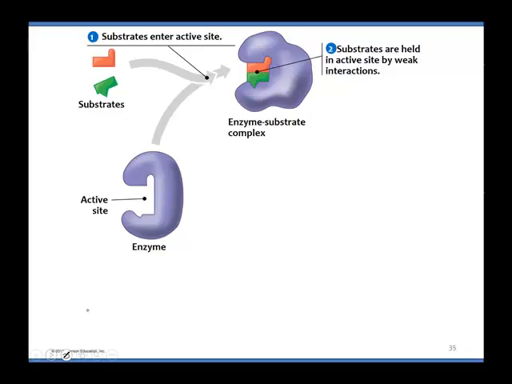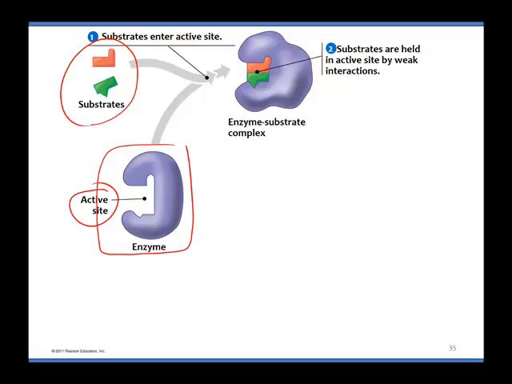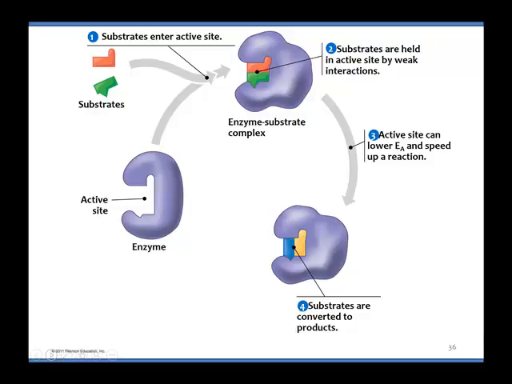So here we see this. Here's an enzyme, an empty enzyme. We can see the active site highlighted. Our substrates are binding, right? And then we form the enzyme-substrate complex. Notice the enzyme has changed shape. It's undergone induced fit. Because of that induced fit, the enzyme will be able to catalyze the rearrangement of energy and electrons.